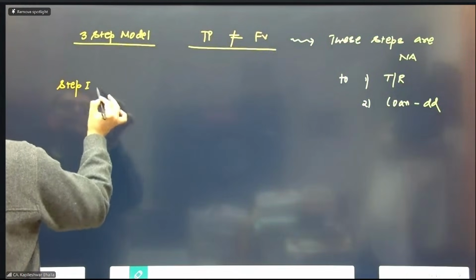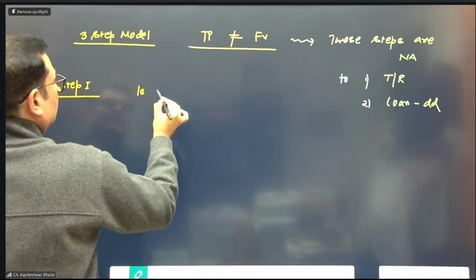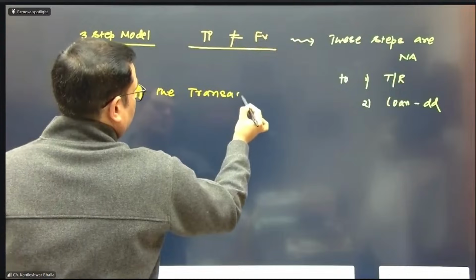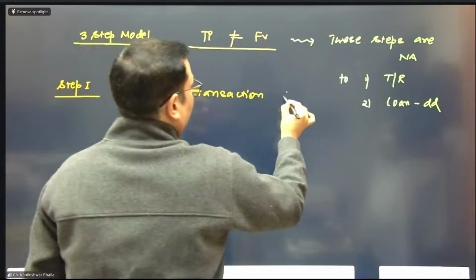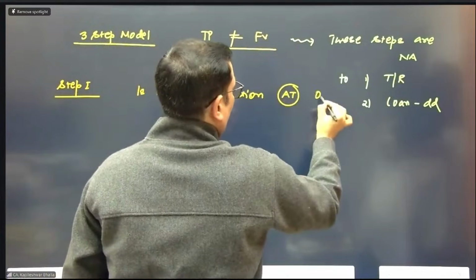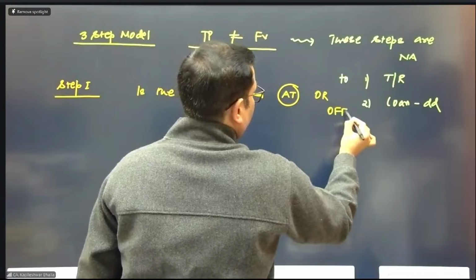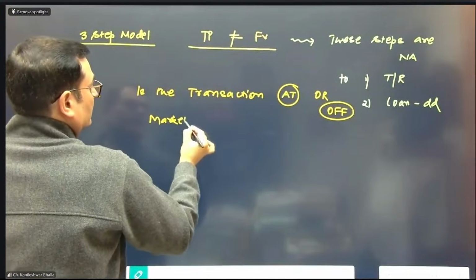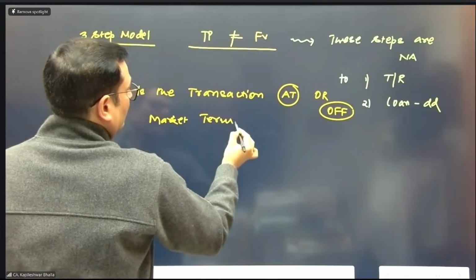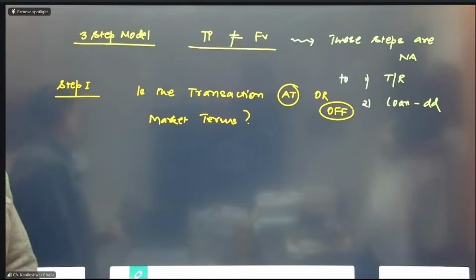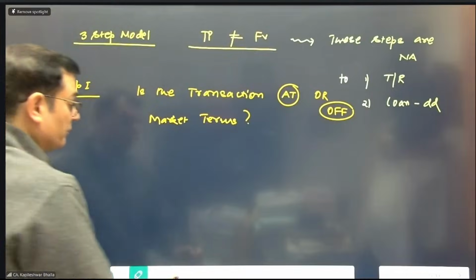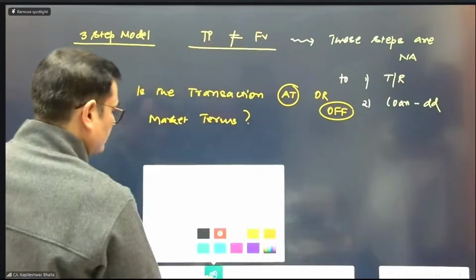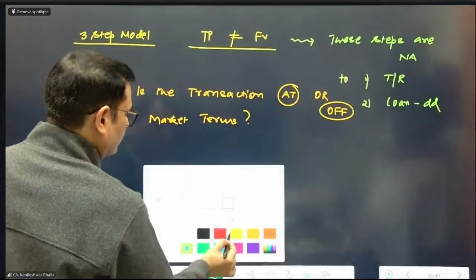In the first step, is the transaction at or off market terms? We're going to first put across that question: is the transaction at market terms or off-market terms? That is the first input which we need to watch out for. In this case, there will be 2 cases.